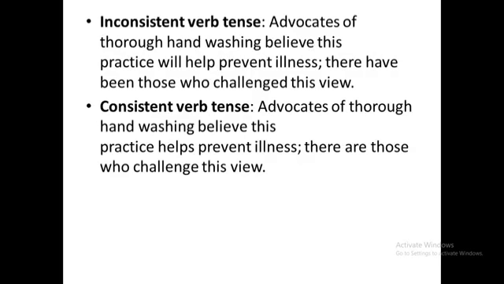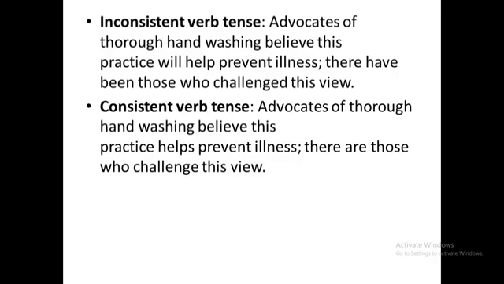So now, inconsistent verb tense. There are 2 types of verb tenses. So number 1 is inconsistent verb tense: advocates of thorough hand washing believes this practice will help prevent illness.